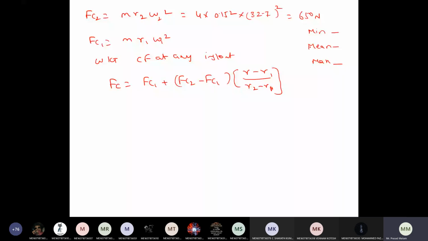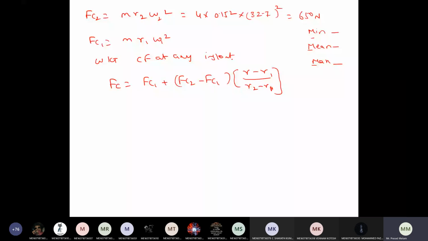We know the mean value and the maximum value. Between these two, what is the centrifugal force? You can find it using this equation. Or we know the minimum value and the maximum value. In between minimum and mean value, the centrifugal force at any instant we can find using this type of equation. Okay, I'll give one more equation for that.